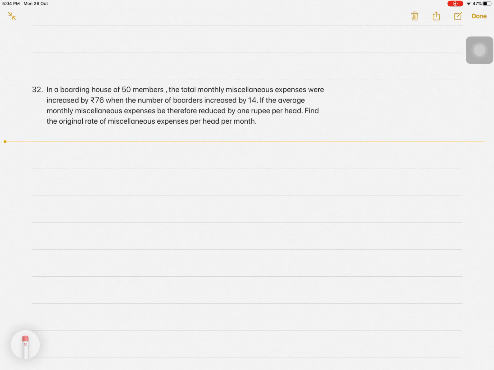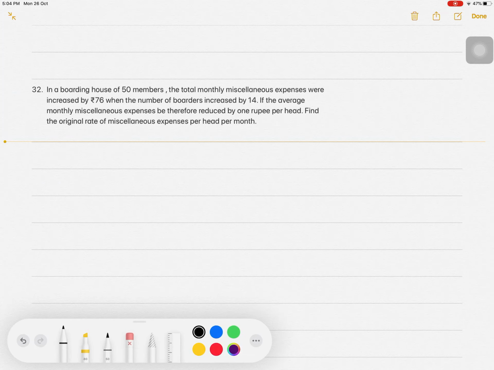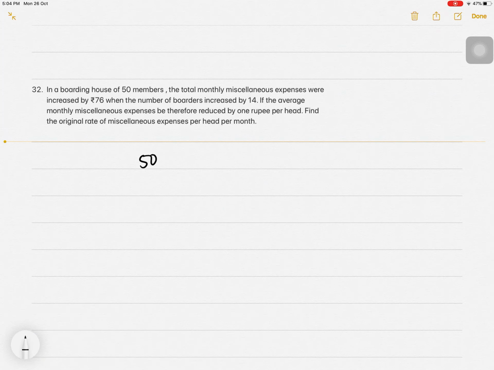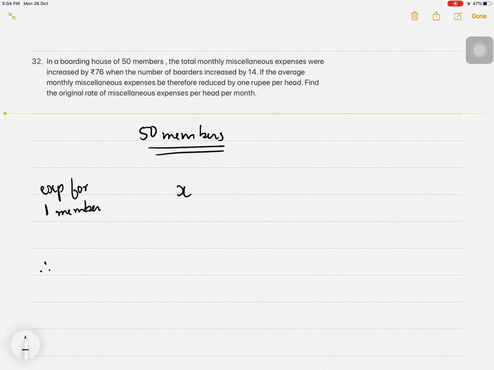Now, in a boarding house of 50 members, the total miscellaneous expenses were increased by 76 when the number of boarders increased by 14. Now, in a boarding house, there are 50 members. And expense for one member, we are assuming, is x.